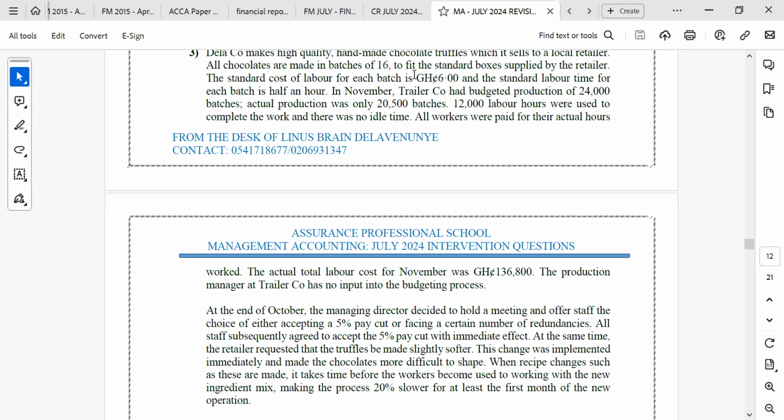When recipe changes such as these are made, it takes time before the workers become used to working with the new ingredient mix, making the process 20% slower for at least the first month of the new operation. The standard costing system is only updated once a year in June.